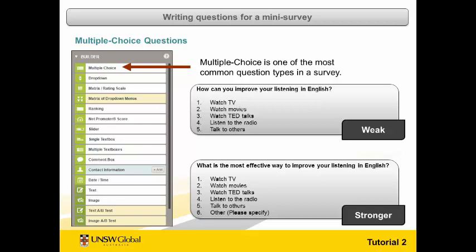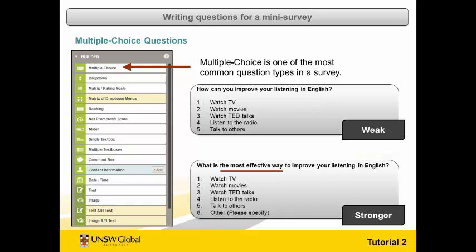Well, in the first question, you can see that the question simply asks, how can you improve your listening in English? When we look at the answers, all of these could improve our English. So it's not so clear for the respondent to choose an answer. In the second question, we ask, what is the most effective way?